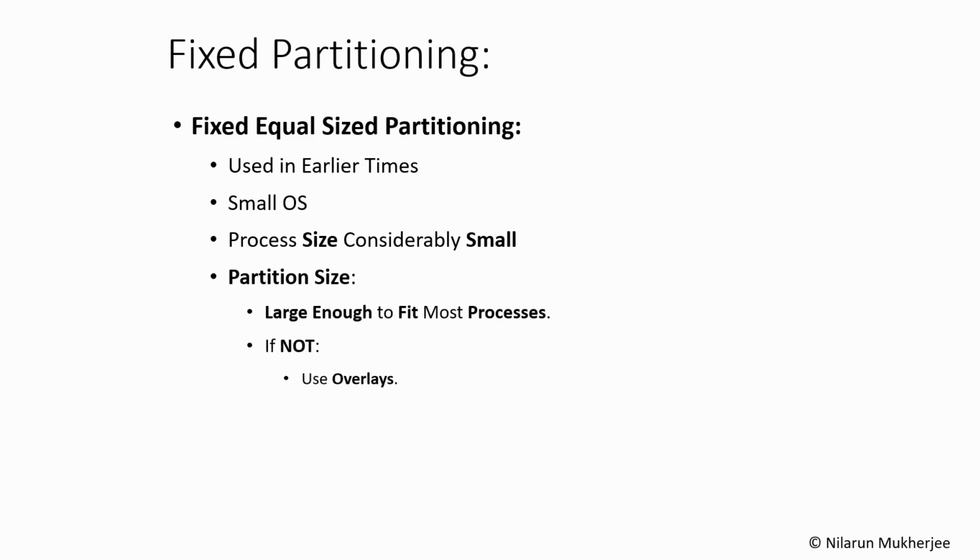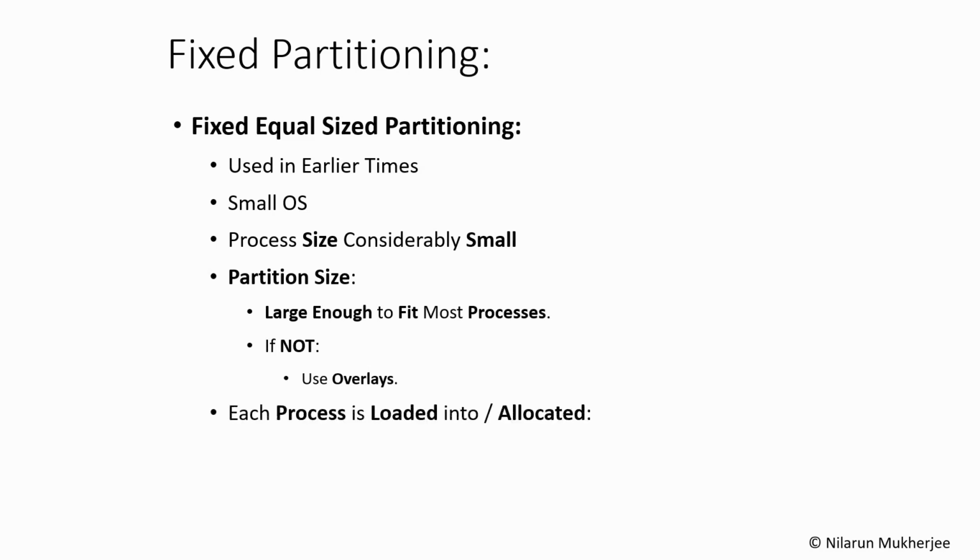If not, they used overlays, which is a concept of executing by keeping some of the program on the hard disk and some in memory, but it is not implemented at the OS end. It has to be implemented by the developer. It requires compiler support.